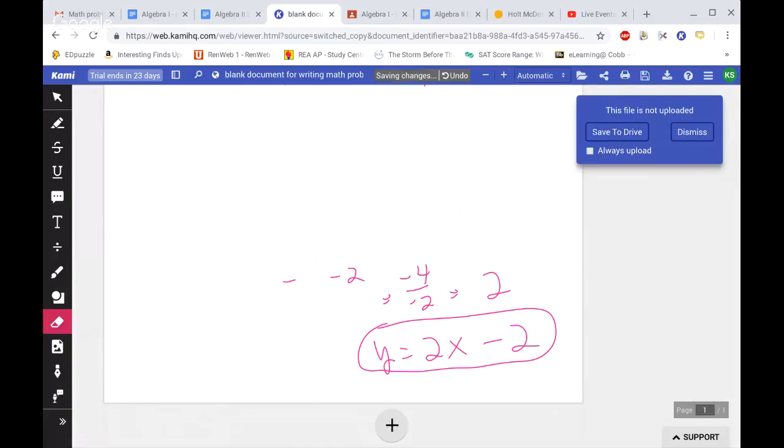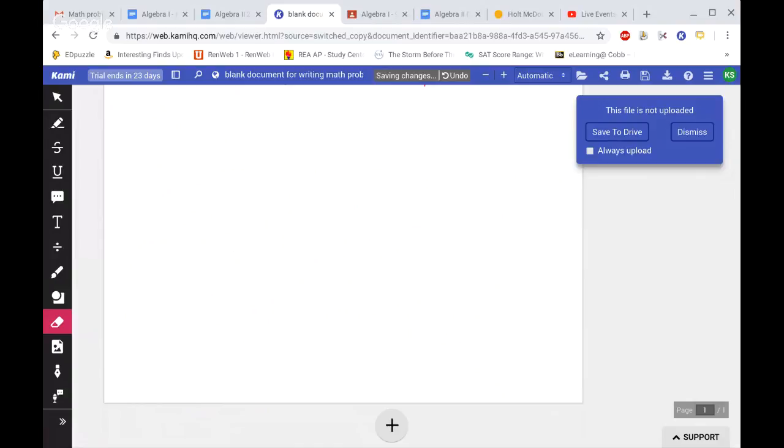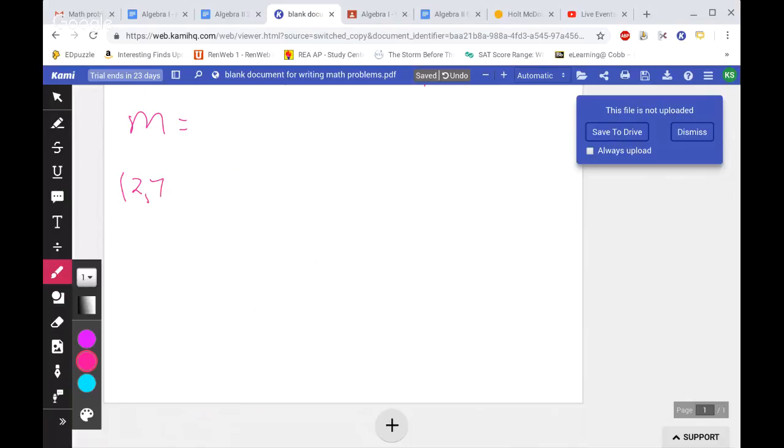All right, the last one that we had for assignment was number 25. And on this one, we don't have a graph, so we have to use our slope formula to calculate slope. So number 25, the points are 2 and -7, and 0 and -5.